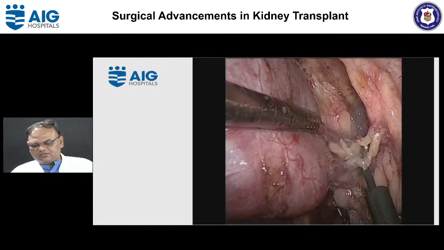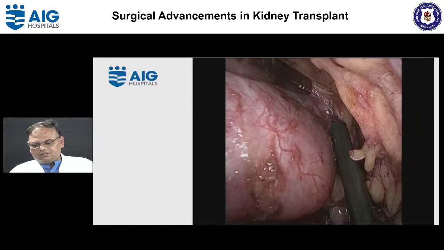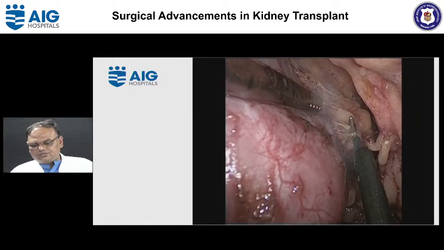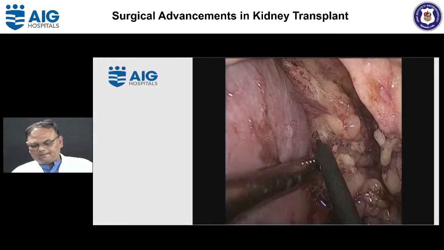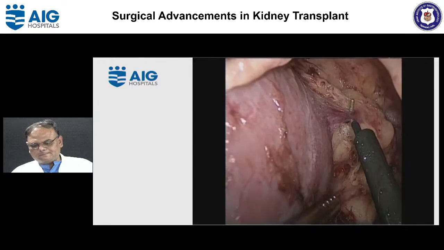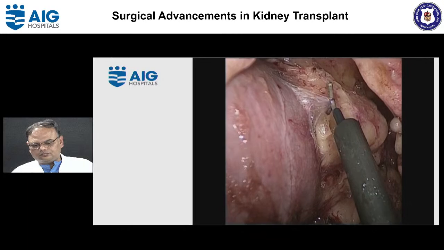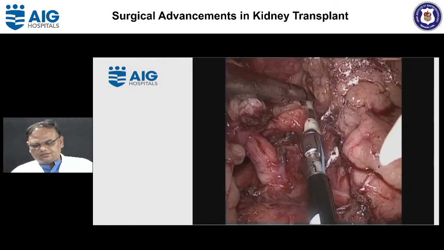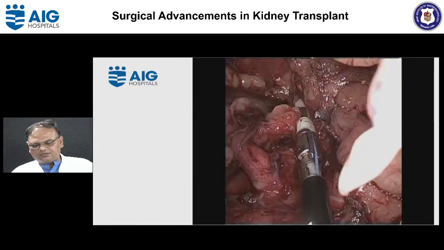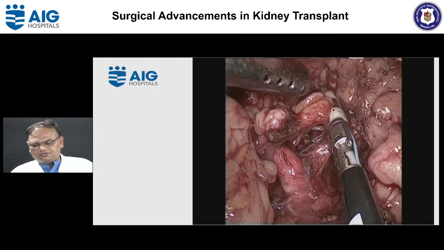Then the focus is shifted to the upper pole and the upper pole is dissected, and this dissection continues till we see the renal artery from the anterior aspect. Once the renal artery is seen, this area is dissected, the fibrofatty tissue is controlled with ligature, and here the adrenal vein comes, which will be controlled.